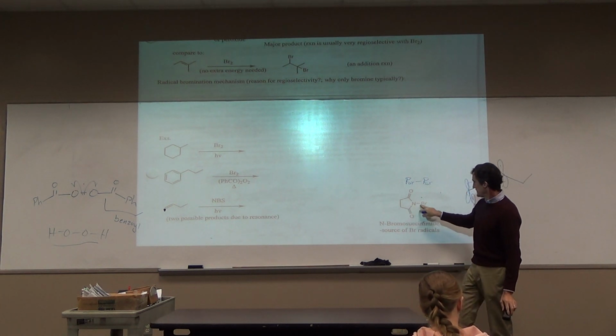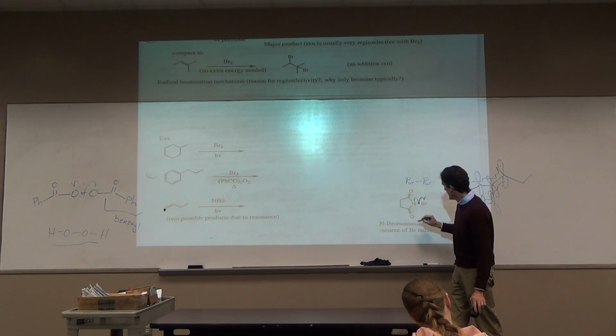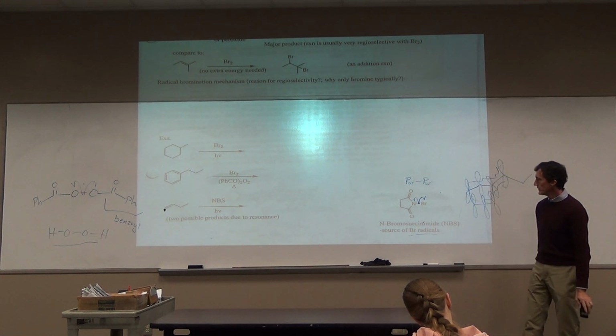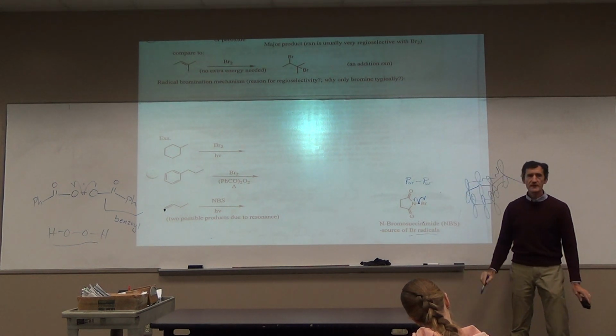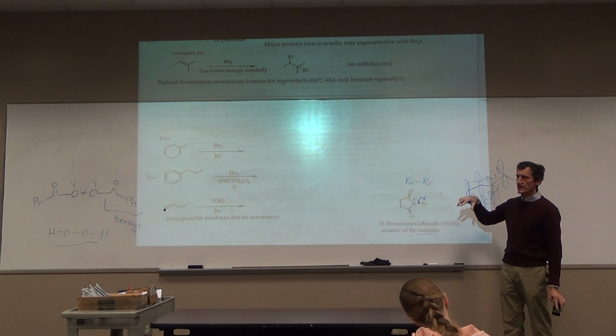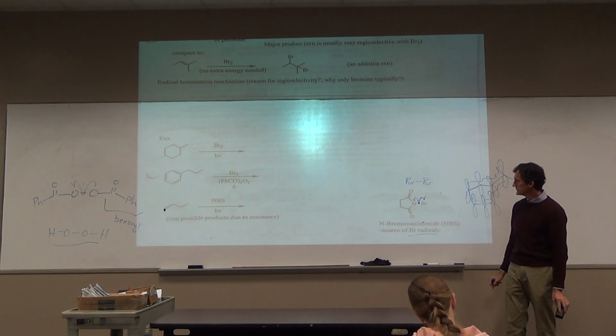But with heat, energy, or something, this guy will homolytically cleave. And when it does, it'll produce Br radicals. It is a source of Br radicals, just like bromine is. There's some fine details here that we're not going to get into. There you go, source of Br radicals.